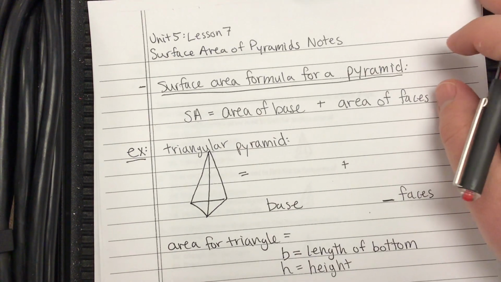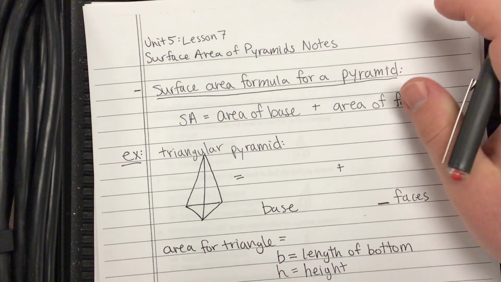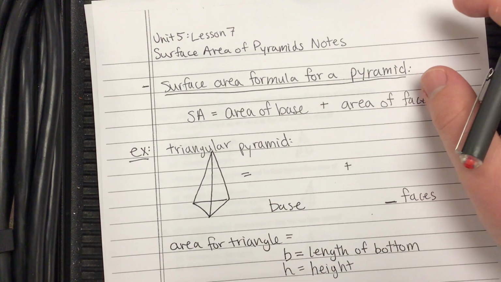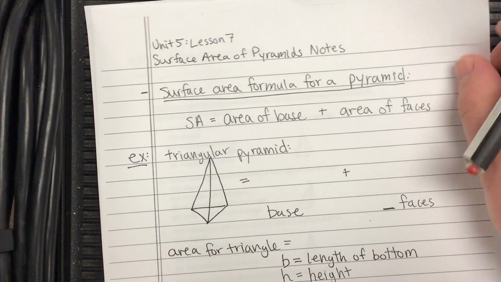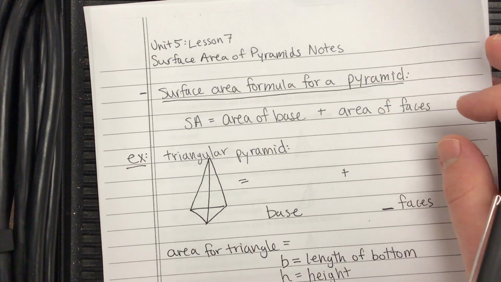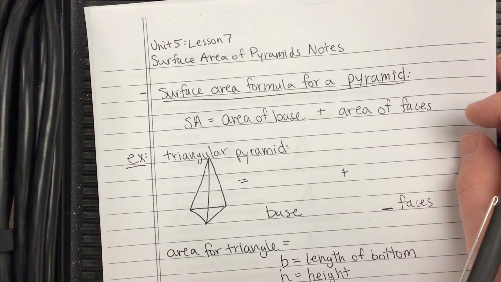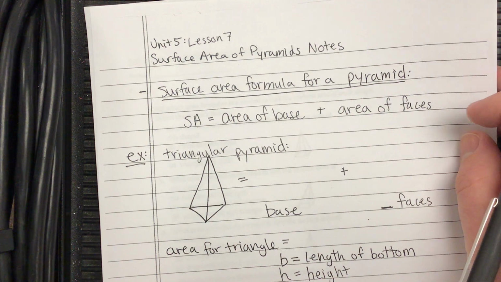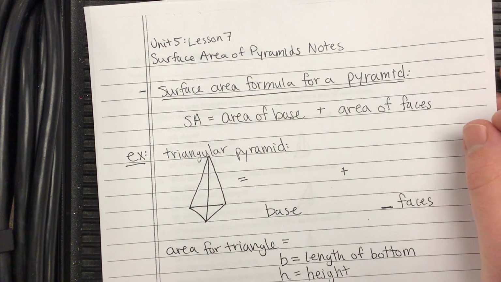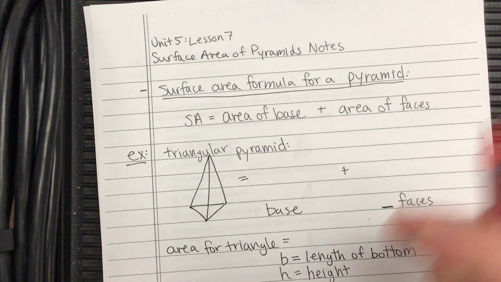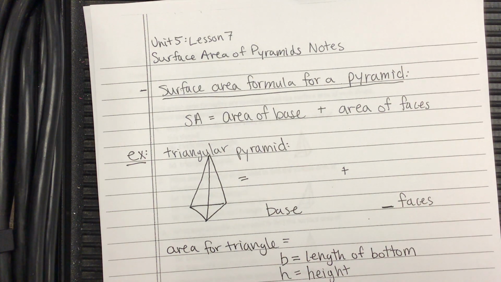All right. Now that you have your papers, we're gonna keep going on surface area. We're gonna talk about pyramids mostly today. But to do that, we're gonna use those same formulas we learned yesterday. So if you have those notes, I would pull them out. The notes from yesterday. Just the notes, not the workbook.